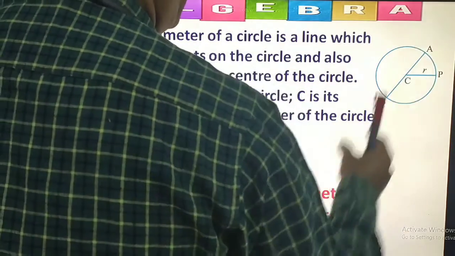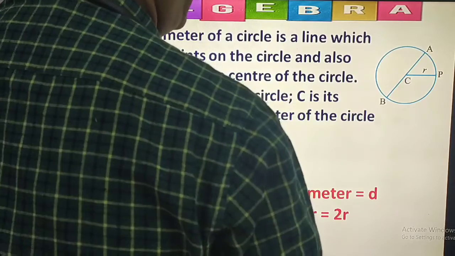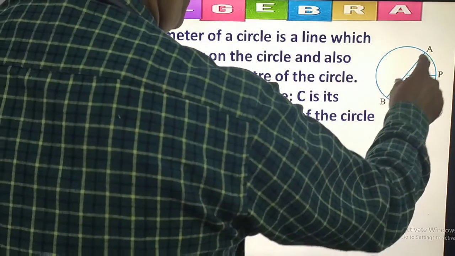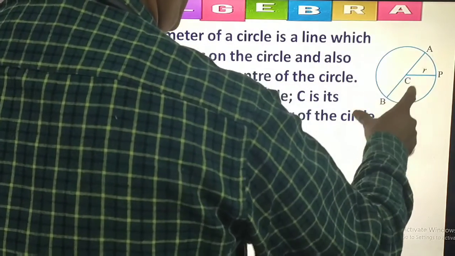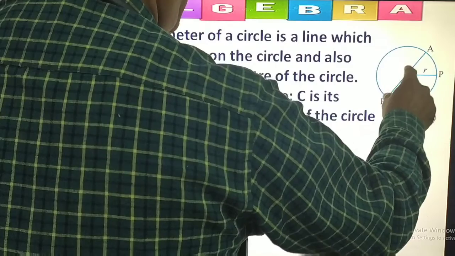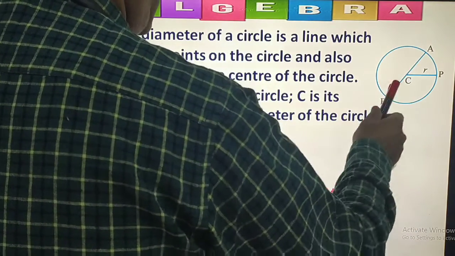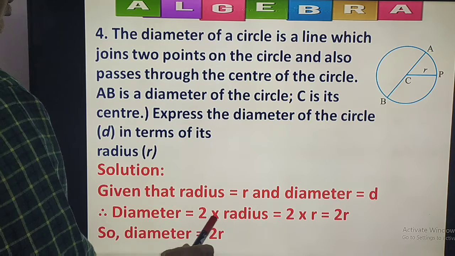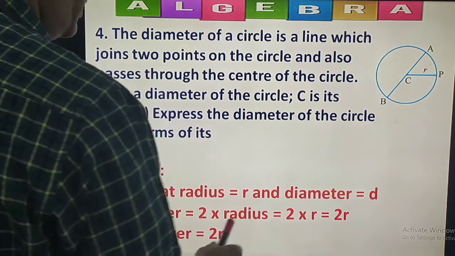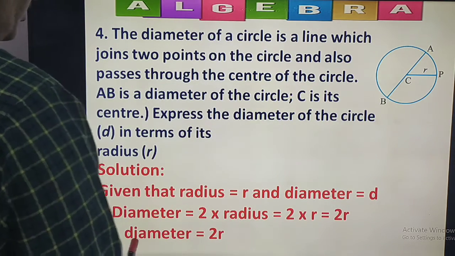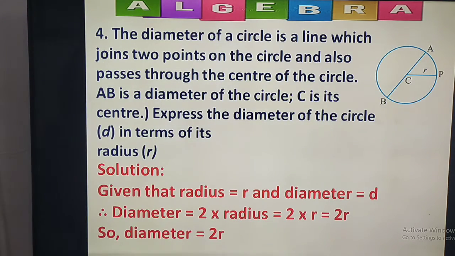CP is the radius, and CA is also a radius, and BC is also a radius. So ultimately BC plus AC is equal to the diameter, and BC and AC are both equal to the radius, and therefore the diameter of the circle is equal to radius plus radius, which is equal to 2 times the radius. So the diameter of a circle is equal to 2r, where r is the radius of the circle.